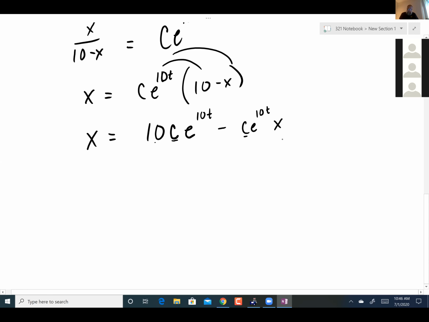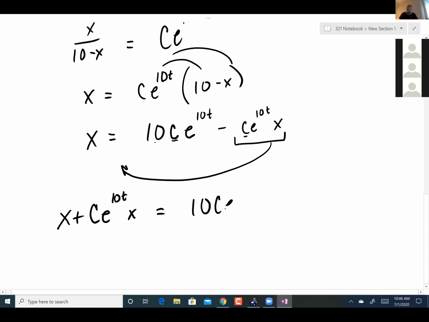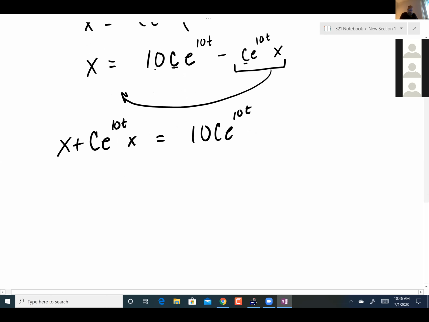Now I need to get this x over here. So let's add them. Nice. Hey, what do these have in common? They've got an x in common.